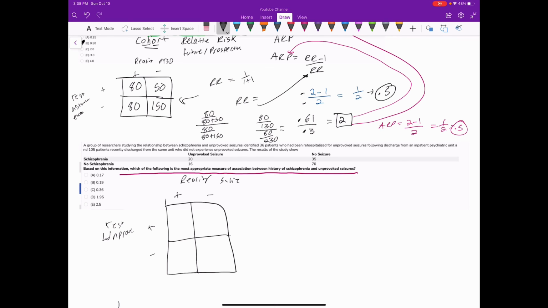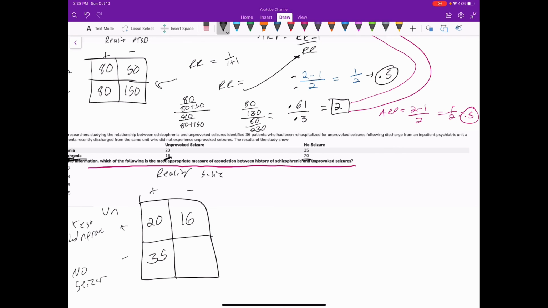So if you have schizophrenia and you have an unprovoked seizure, you go right here. If you have schizophrenia and you don't have a seizure, it's right here. No schizophrenia, unprovoked seizure. No schizophrenia, no seizure. All right, well, we have our chart made. Well, does this help us? Not really.